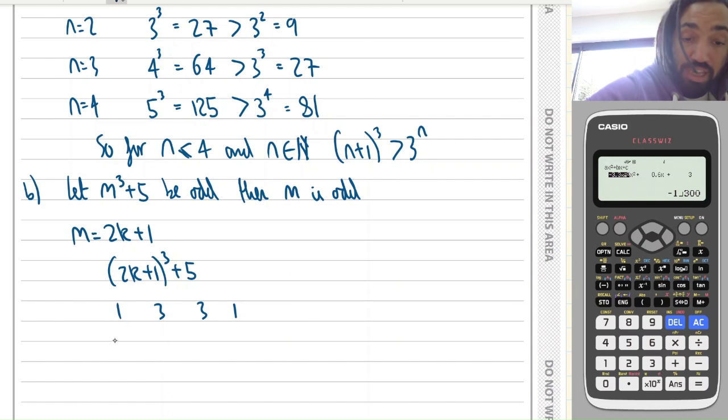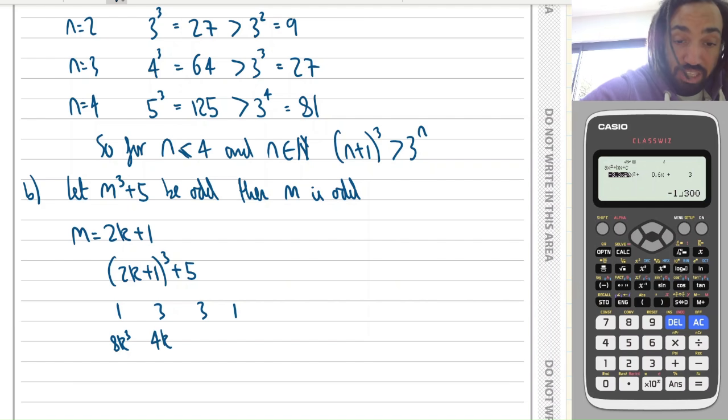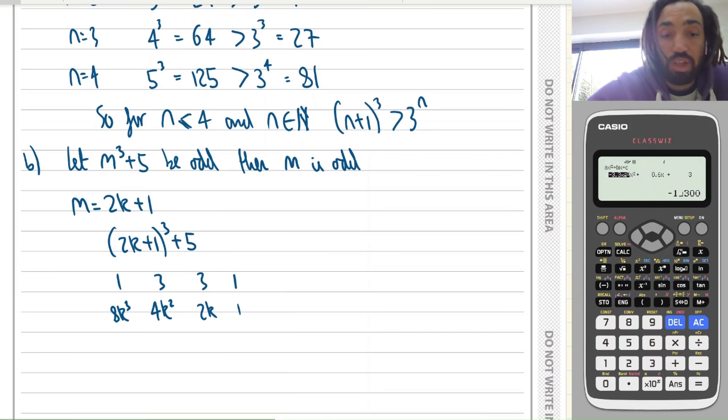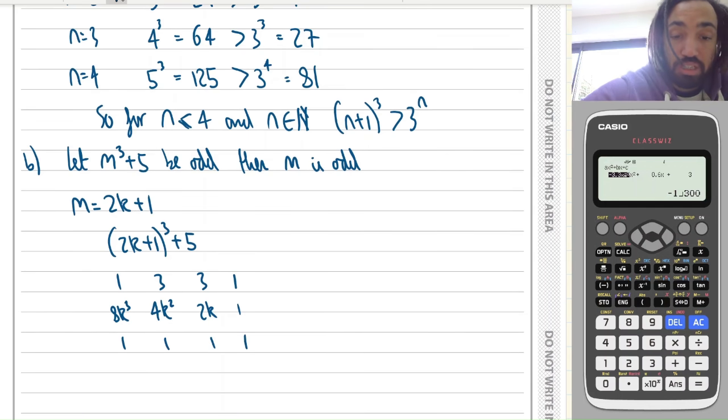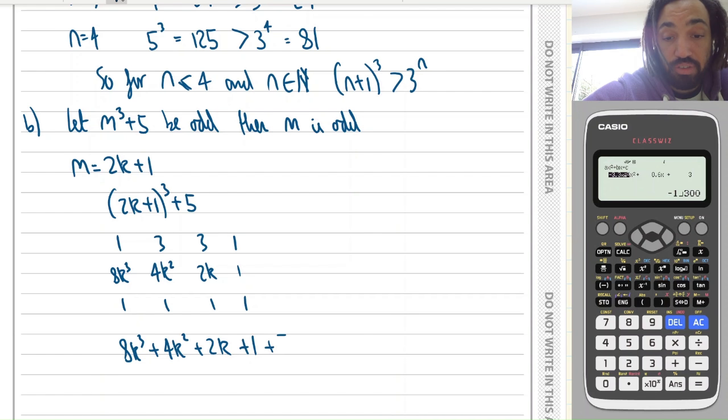The 2k needs to be cubed, so that's going to give me 8k cubed times 1. The next one needs to be squared, so I'm going to get 4k squared, and then I'm just going to get 2k, and then I'm going to get just 1. So I'm going to end up with 8k cubed plus 4k squared plus 2k plus 1, and I've also got a plus 5.